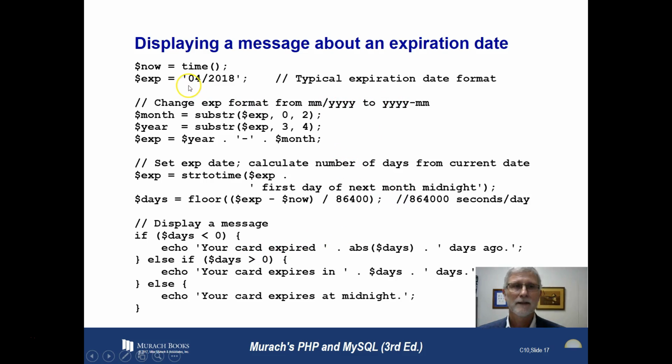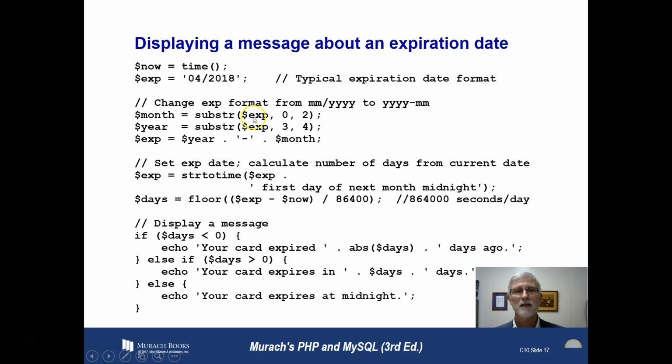Here you go. How do I give me the timestamp right now? Sometimes you do an expiration date. Sometimes you'll change the format of a date. So I've got a certain format here. It started out, I assigned it a typical format.